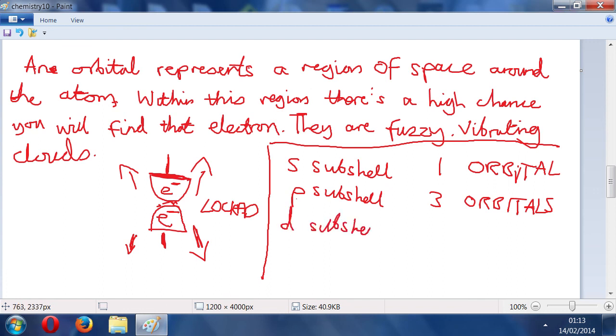Because normally you think of them as all going around the nucleus. It's all nice, all just traveling, like motorway traffic. But in fact, it's more like motorway traffic where they're all bunched up like this.